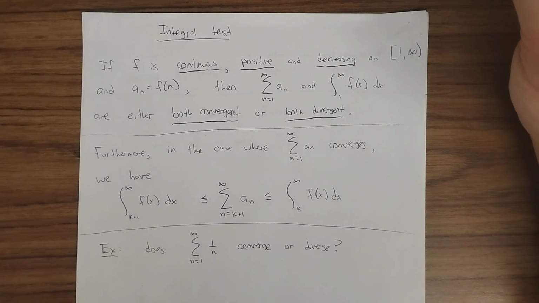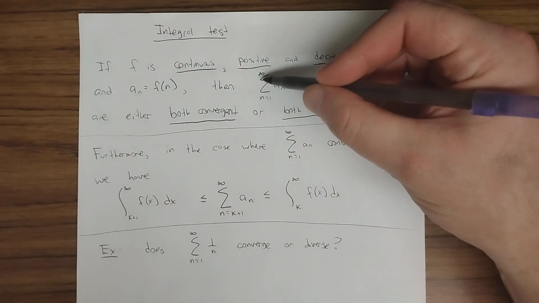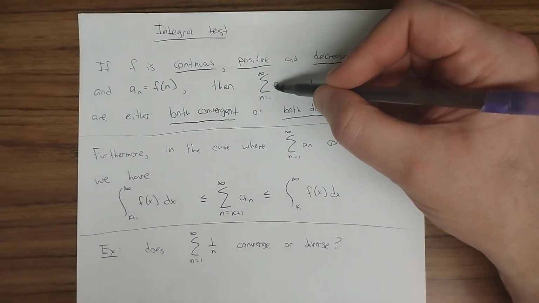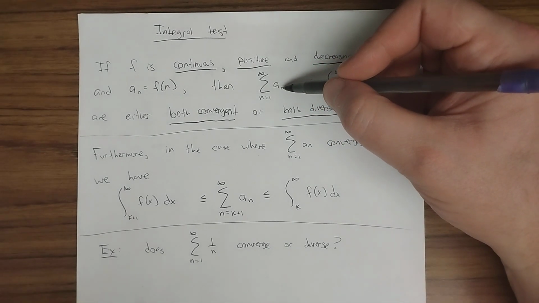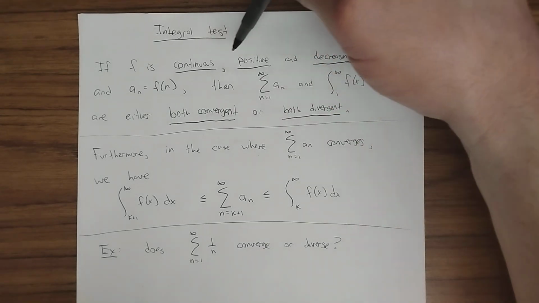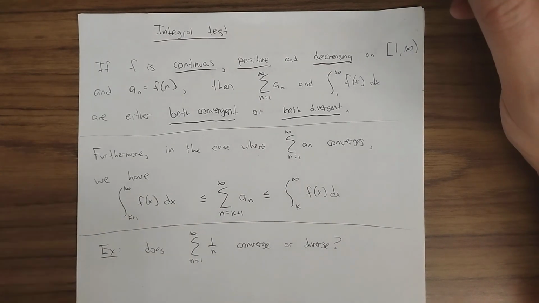So in practice, the way you use this is you're given a series and you're asked, does this series converge or diverge? And you just verify that the appropriate function is continuous, positive, and decreasing. And it has to be those things, or else you have to do something else. You can't use the integral test.